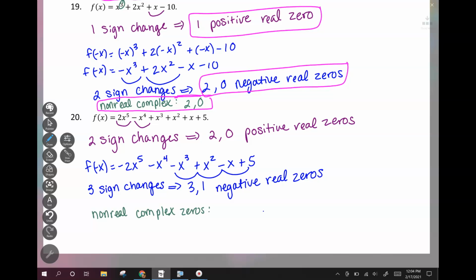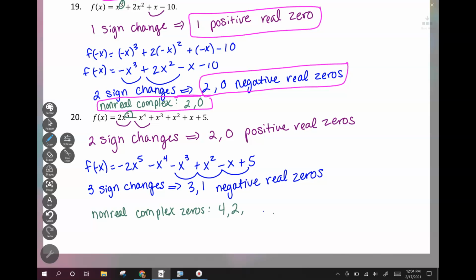So we could have 0 positive and 1 negative, and that would leave us with 4 non-real complex, right? Because we need to have 5 total. Or we could have 2 and 1, that's 3. So I would be left with 2 non-real zeros.